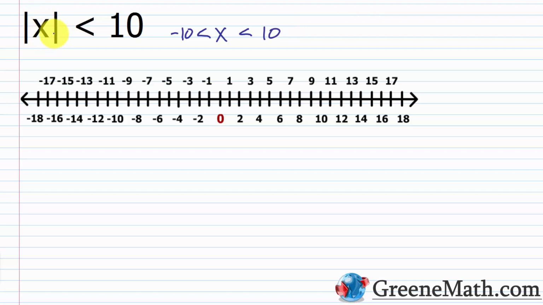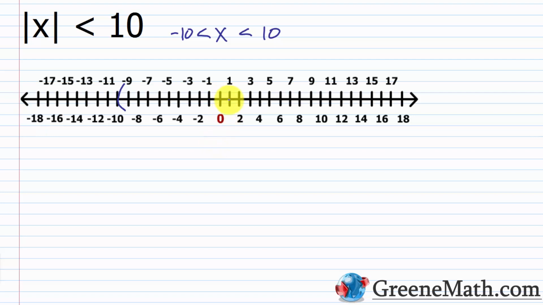The absolute value of x is less than 10. So from 0, what's less than 10 units away? Well, I would go to -10, and I would put a parenthesis facing to the right, because anything that is -10 or further to the left wouldn't work. Their absolute value, or their distance from 0, is 10 units or larger. I'm looking for less than 10.